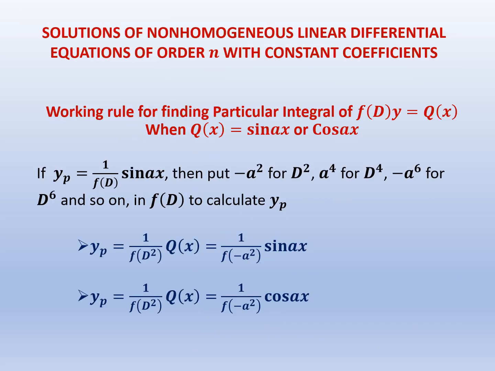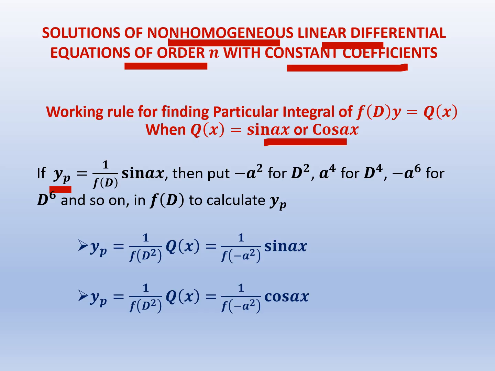Now we are going to learn how to find particular integral yp for non-homogeneous linear differential equations of order n with constant coefficients for which the non-homogeneous term is sin ax or cos ax. Let's see the working rule for finding particular integral of f of D y is equals to q of x when q of x is equals to sin ax or cos ax.